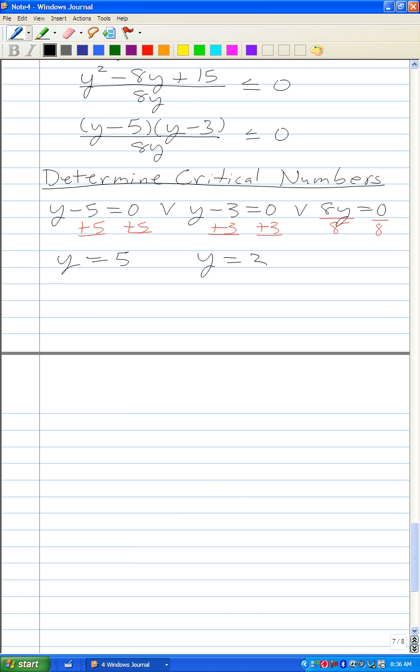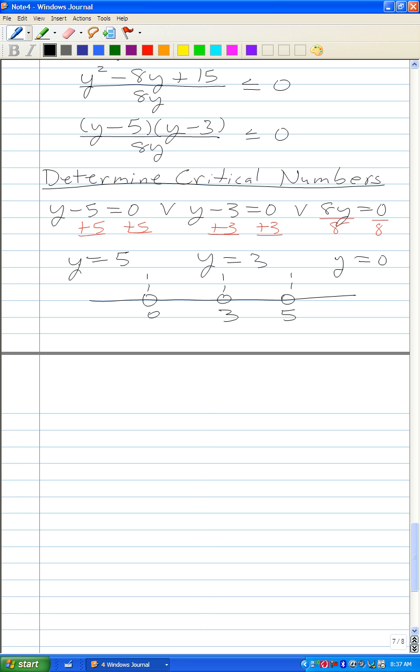Y is equal to 3. Y is equal to 0. And let me put those on my number line. And so I have here 0, 3, 5.